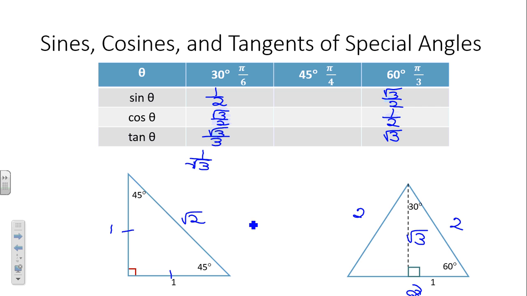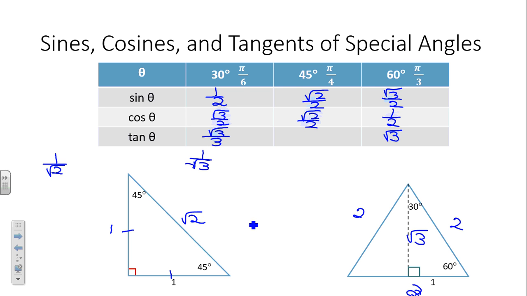So when I want the sine of 45, it doesn't matter which 45-degree angle you pick, we want the opposite over the hypotenuse. 1 over the square root of 2 is going to become radical 2 over 2. And sine and cosine are cofunctions, so yep, radical 2 over 2.